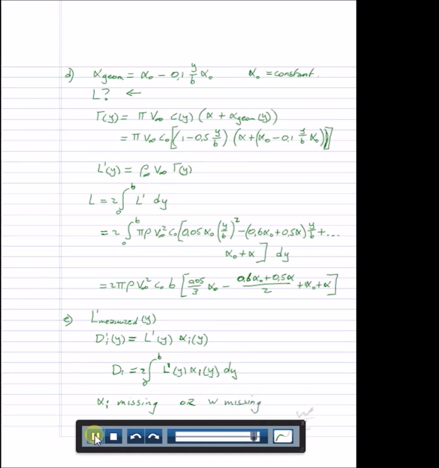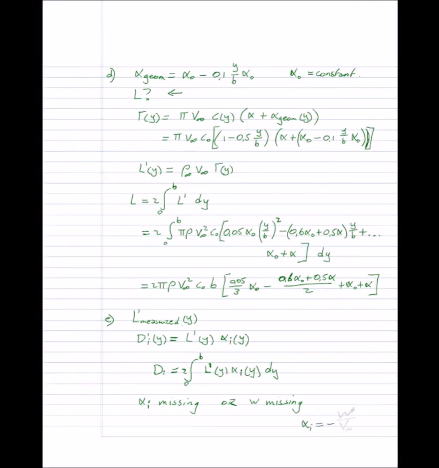And W is my downwash, because I know that alpha I has got this relation that is minus W divided by V infinity. So if I know W, I know alpha I, or if I know alpha I, then I can evaluate the drag. So no, they can't do it. That's the basic final answer to that. And that's the end of this question.